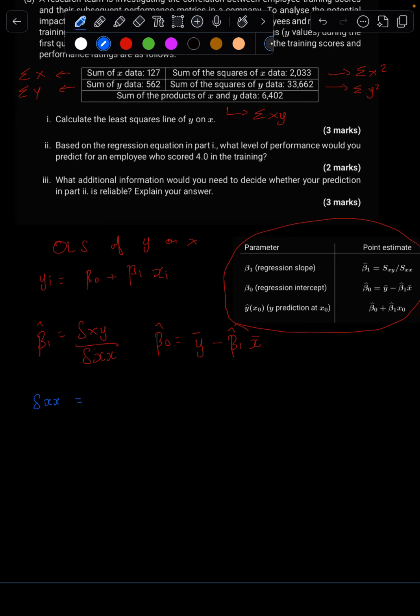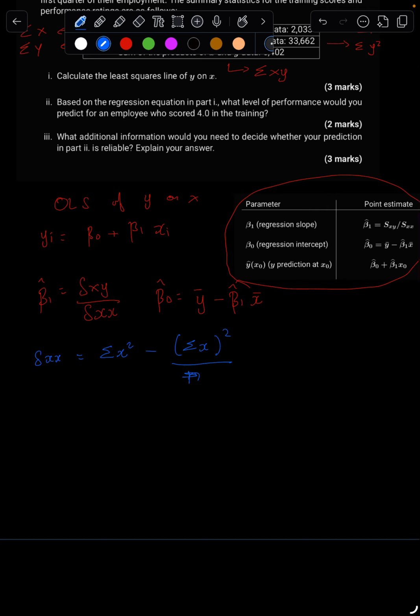The sxx is always going to be your sum of x squared minus your sum of x, whole squared, divided by n. You need to memorize this formula.